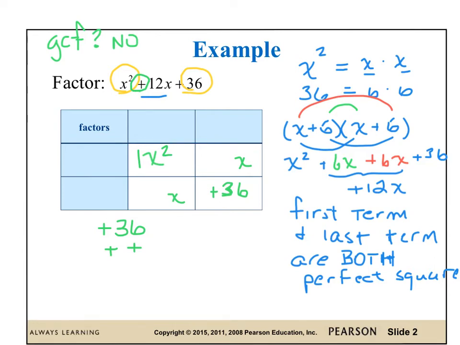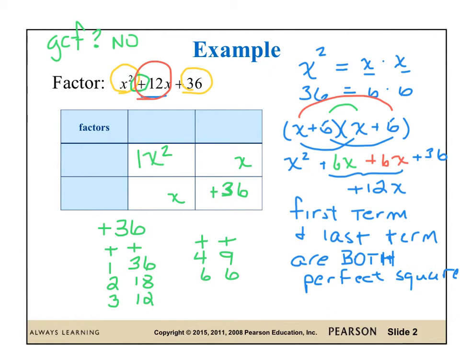And so the factors are 1 and 36, 2 and 18, 3 and 12, 4 and 9, 5 doesn't work, and 6 and 6. And you're looking for a sum of 12.